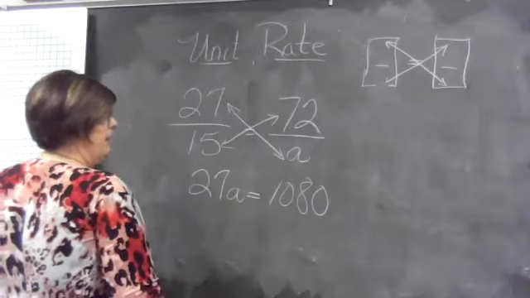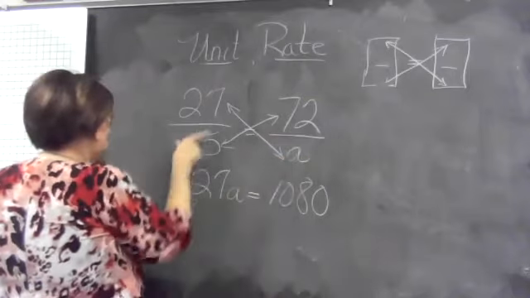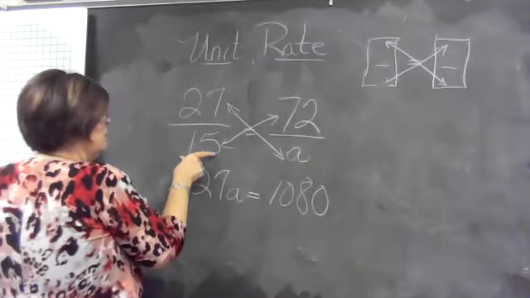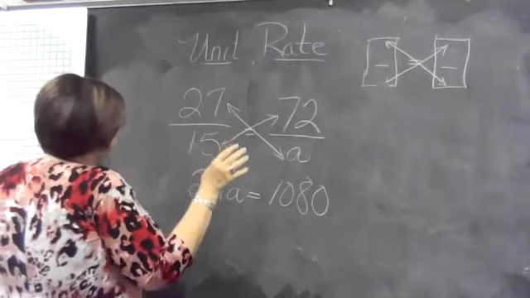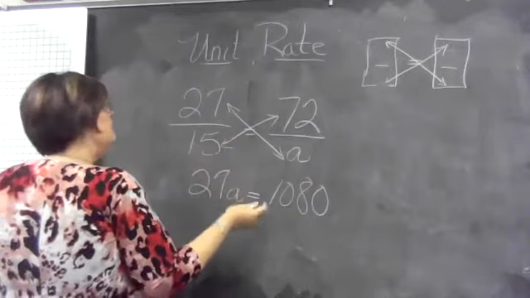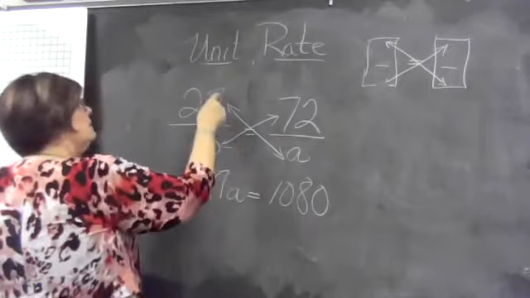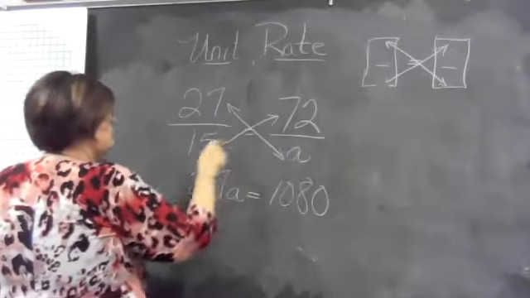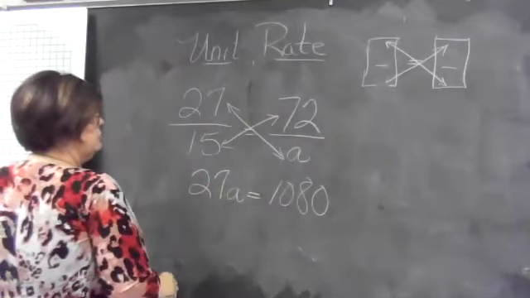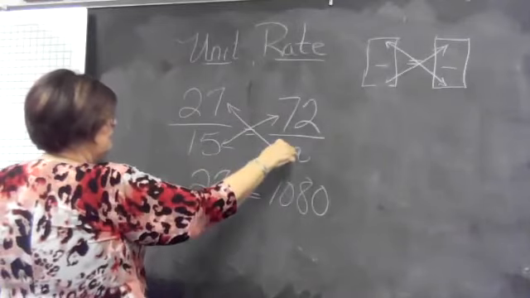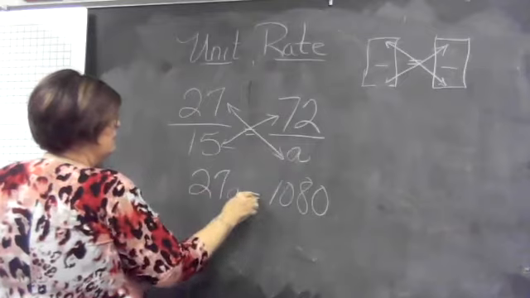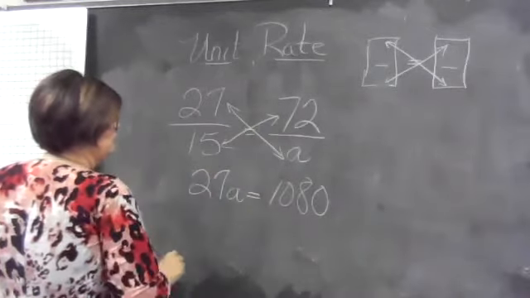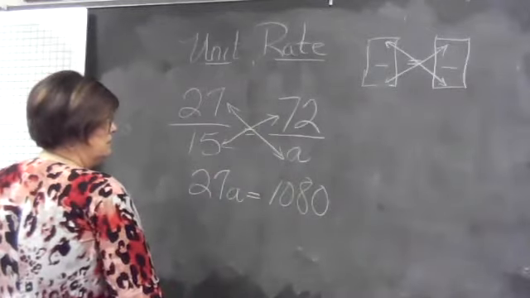If what you're looking at is 1 fraction equal to 1 fraction, then they figured out a long time ago in ancient times that the top times the bottom will always equal the top times the bottom. So we took 27 times A, and that's equal to 72 times 15, which is this.